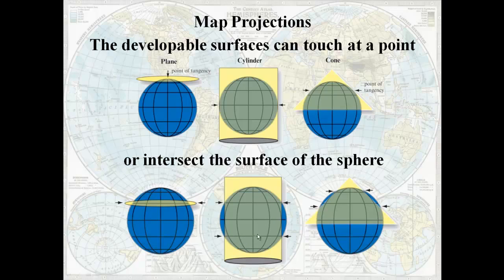So you'll have two different lines of tangency. And the same likewise for a cone. When it's a secant projection, it's going to have two different lines of tangency depending upon where it cuts through. So up here, tangent, only one point or line of tangency. Down here, secant, more than one line of tangency.